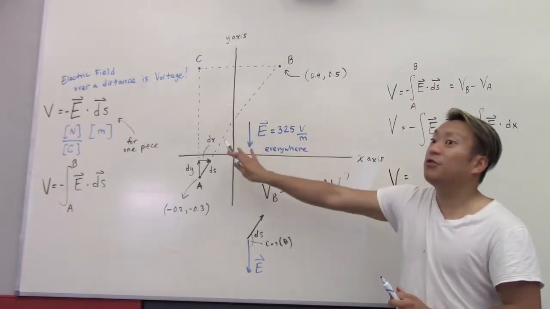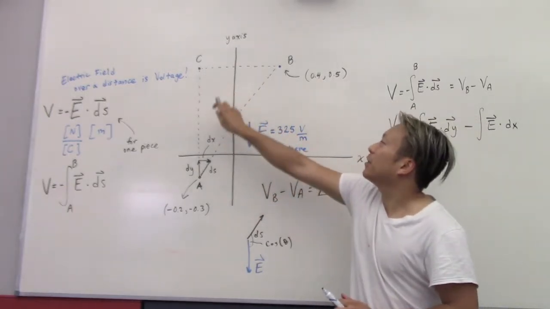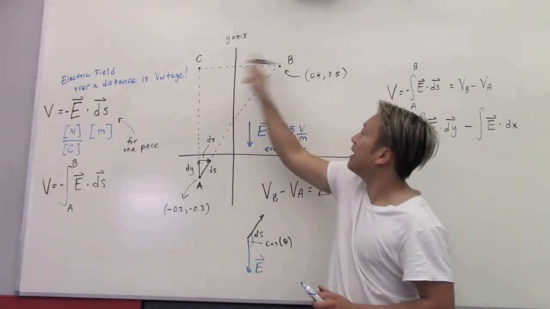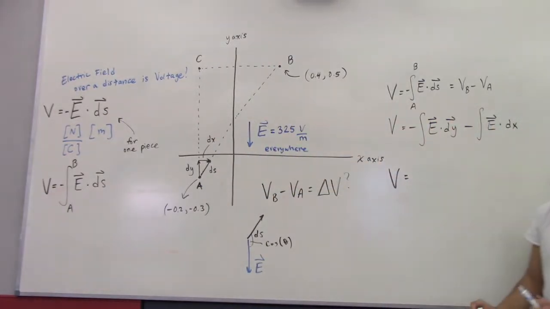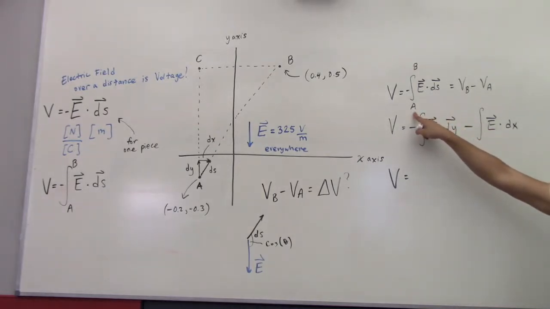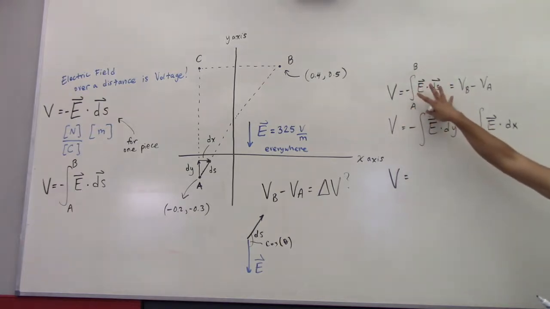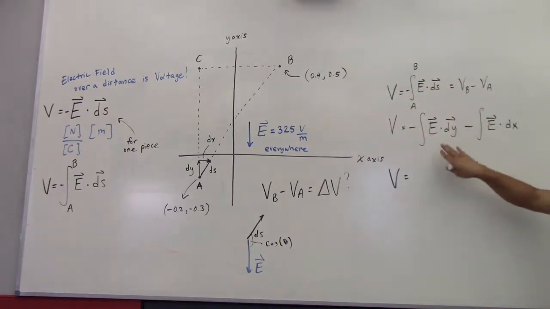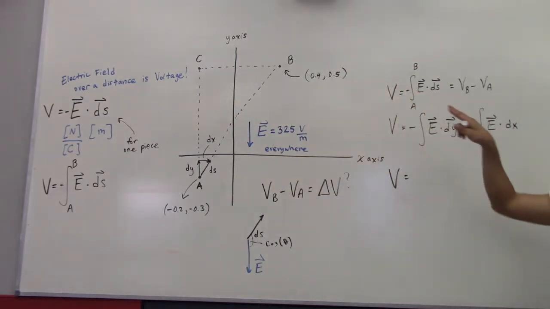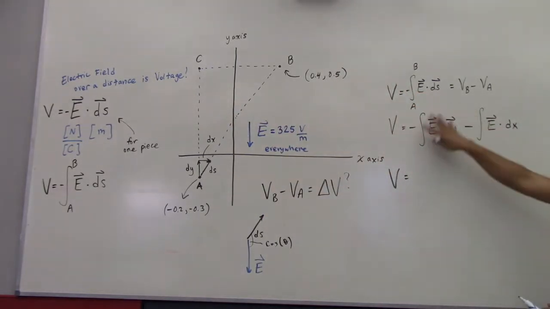So we're going to, not arbitrarily, but conveniently make a point C that creates a right triangle. So that we can rewrite this by saying the voltage from A to B is from point A to C, and then from C to B. See that? So I have this.